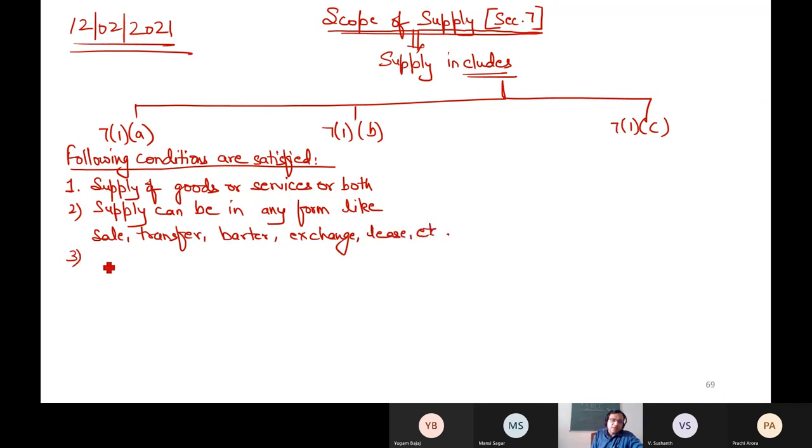Third, it is done by a person. Of course, a person will do. Fourth, this supply is made or agreed to be made for a consideration. So consideration is a must.